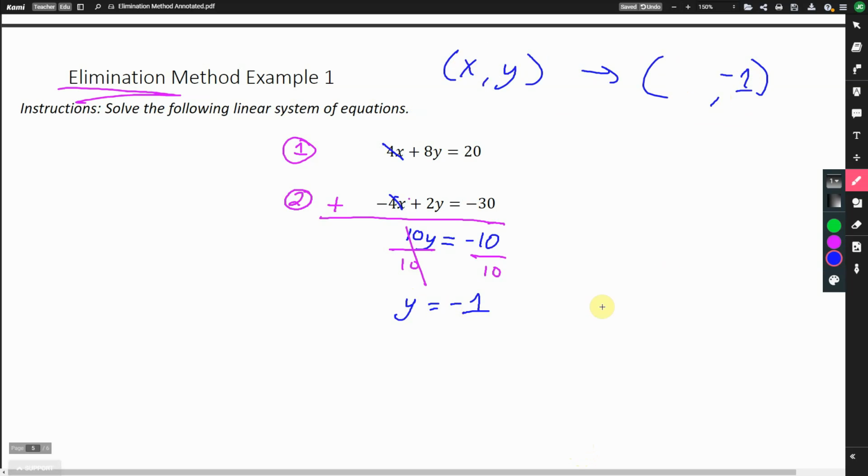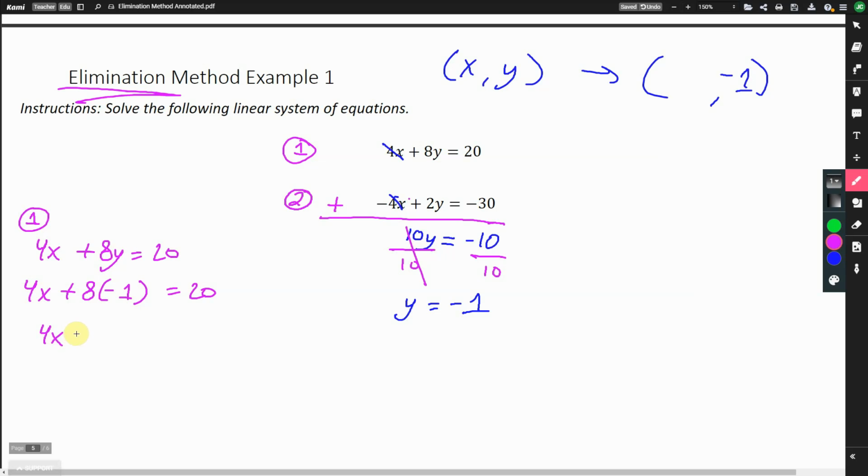And now we can find our x by just substituting negative 1 into whichever equation. I might as well finish the problem. I'm going to do it for number 1. 4x plus 8y equals 20. And then we just go 4x plus 8 times negative 1 equals 20. Solve the rest. I'm going to skip some steps.